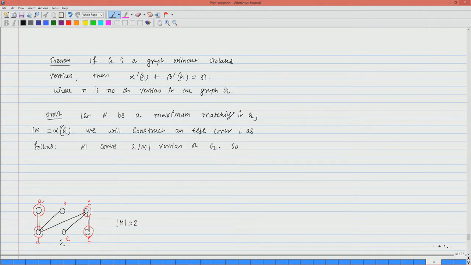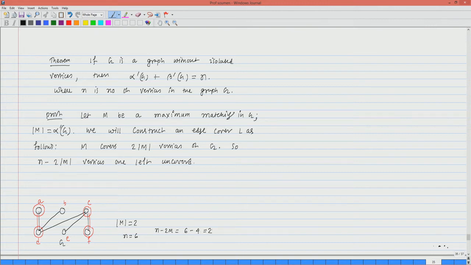So, n minus 2m vertices are left uncovered. Here n is equal to 6, so n minus 2m is equal to 6 minus 4.